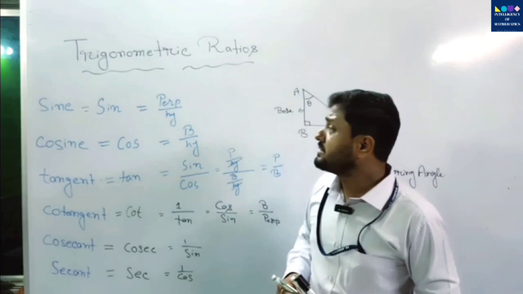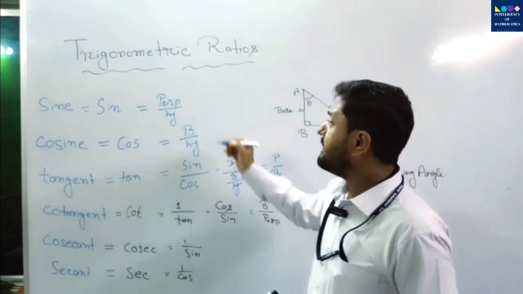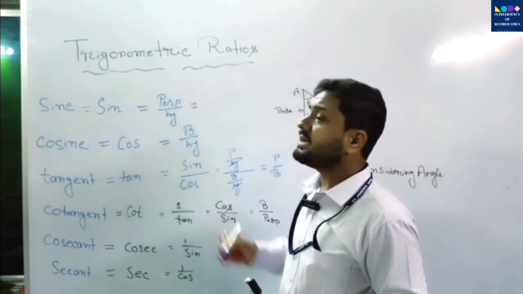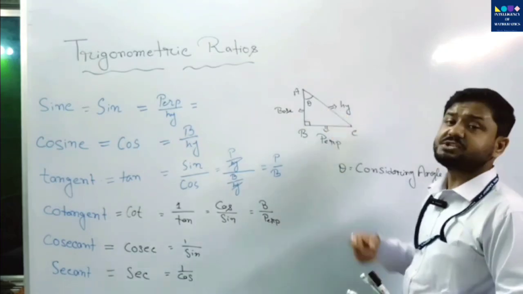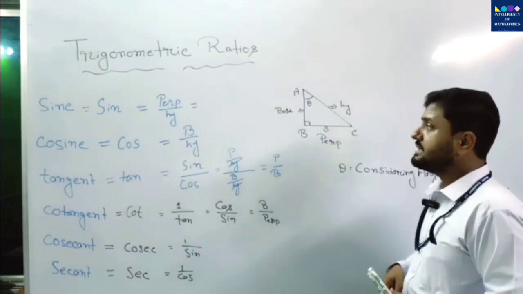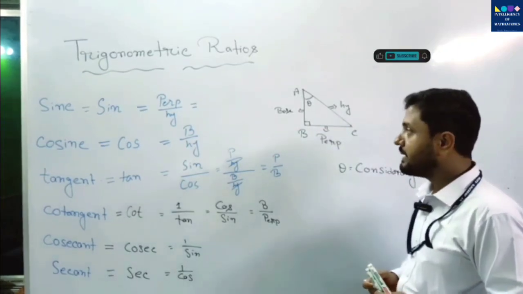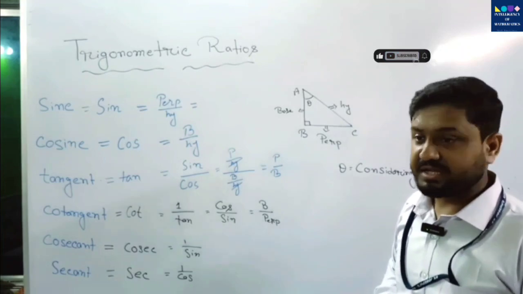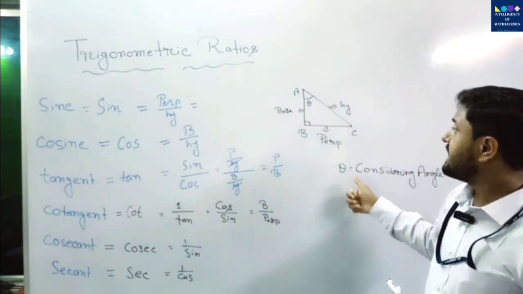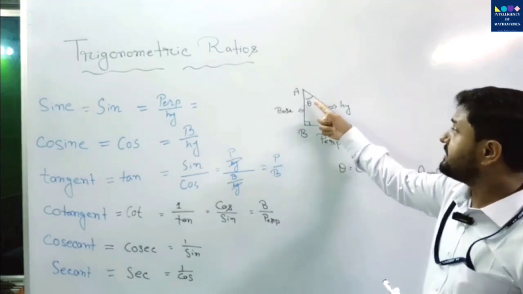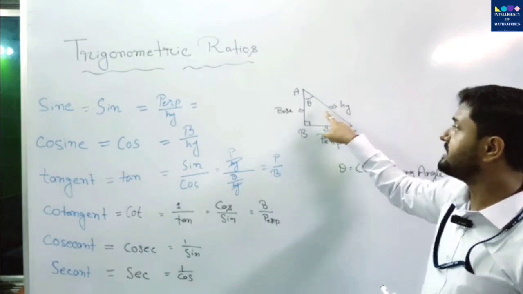If we discuss sine, whose short form is sin, we will have the ratio perpendicular by hypotenuse, and if I want to apply this ratio to this triangle, it will be in terms of the names of the sides of this triangle. Suppose we have considered this angle, as discussed before. The side in front of the considering angle is perpendicular, in front of the right angle is hypotenuse, and the remaining is base.